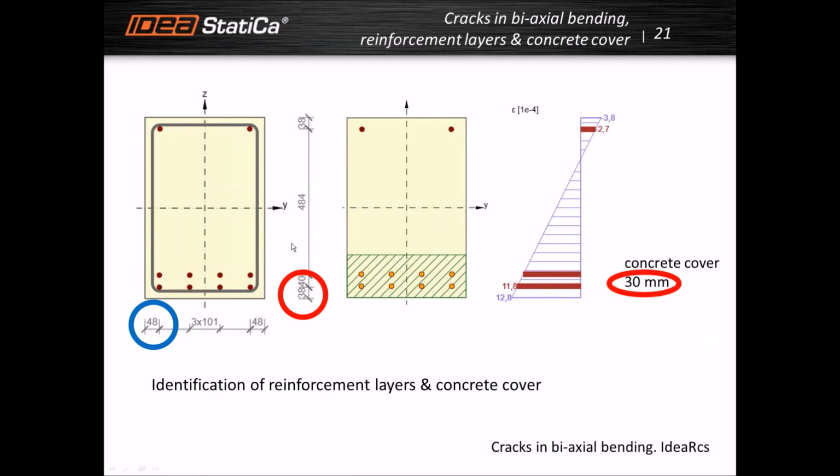First of all, I defined two layers in a rectangular cross-section. The bottom layer, which is critical for the crack width, has a concrete cover related to the bottom surface less than the one which is related to the side.